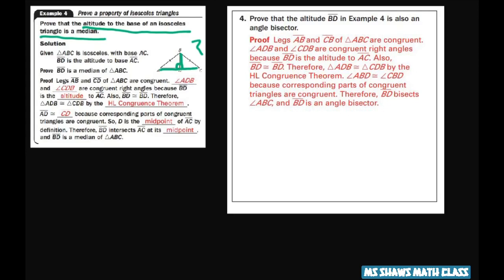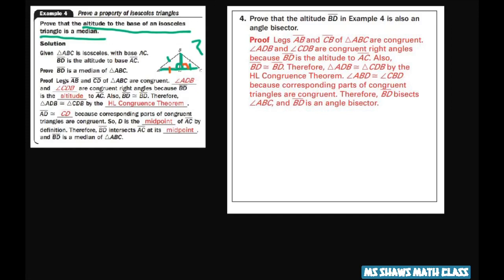So we know the legs AB and CB of the triangle are congruent. Because right angles are congruent, these two angles are congruent. So these two sides are the same, because BD is the altitude to AC.